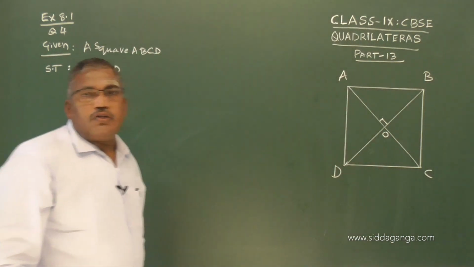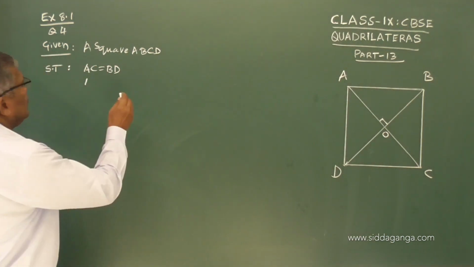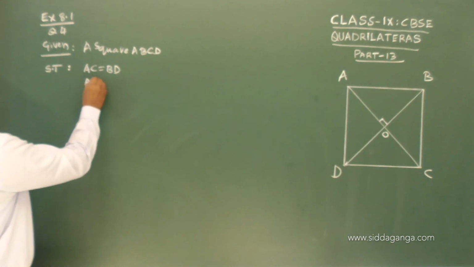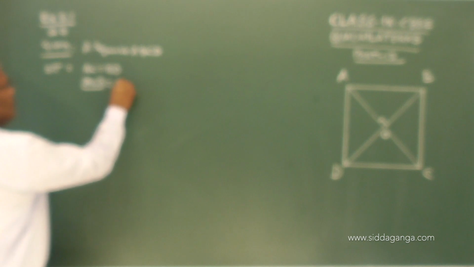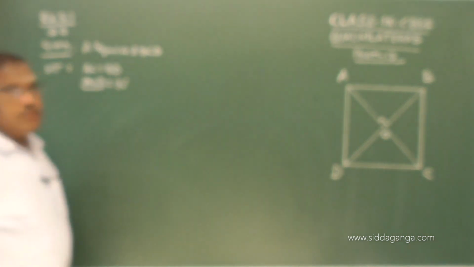Therefore, all four angles will be 90 degree. So, let us take it as AOB equals 90 degree. So, these are the things to be proved. Now, proof.